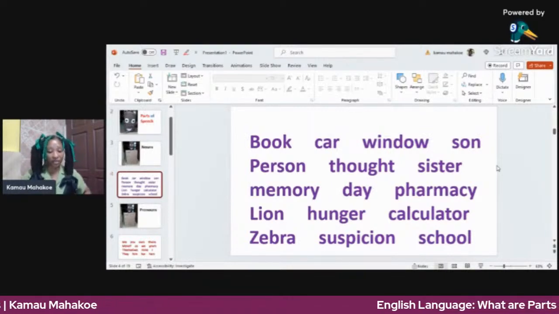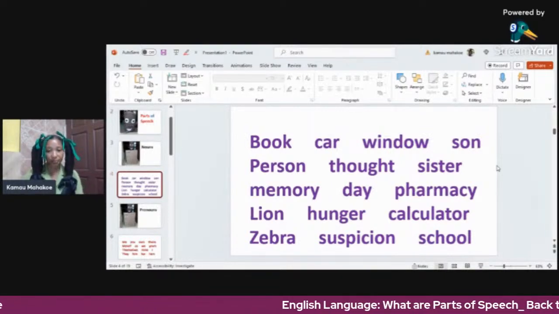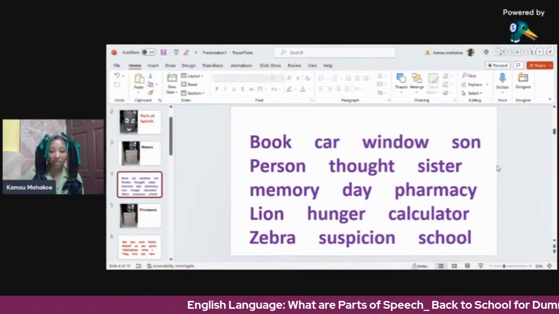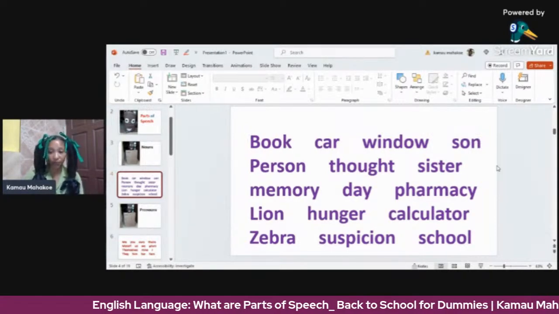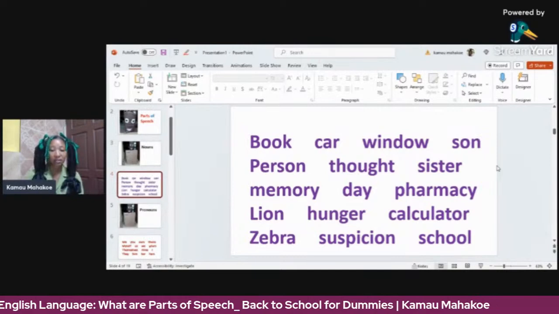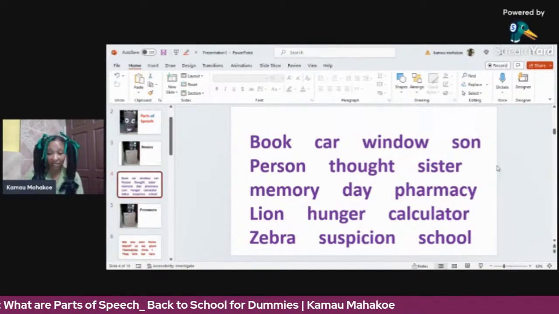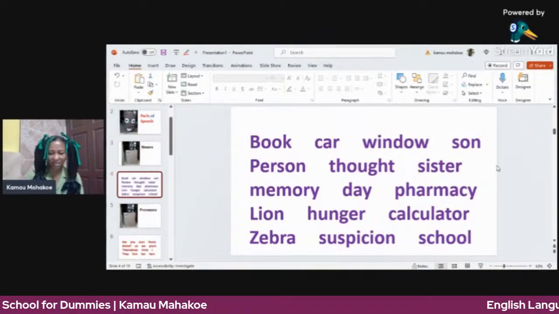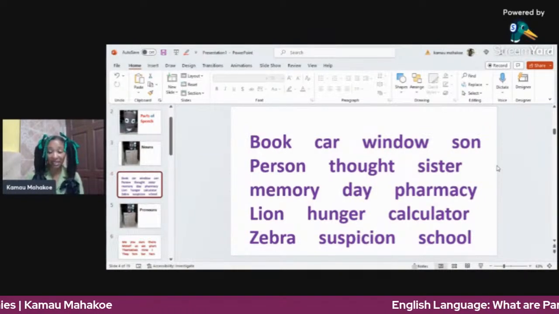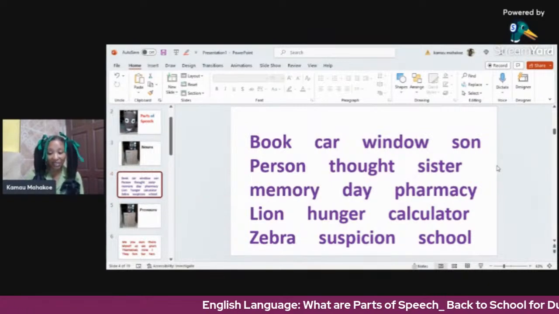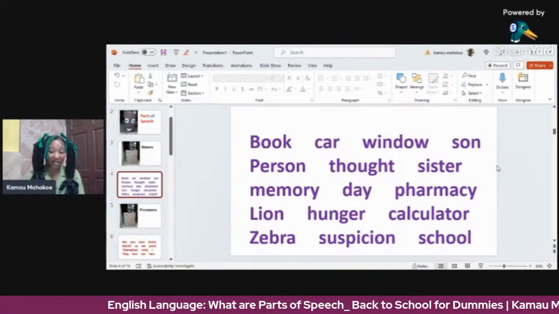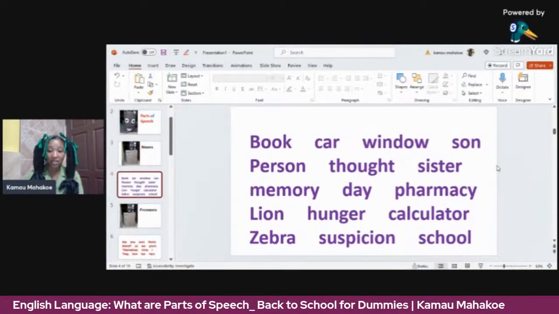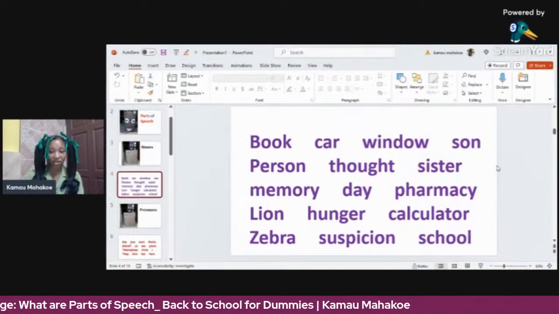So on the screen, we have some nouns. So we have book, car, window, sun, person, thought. So somebody might say, well, how come thought is a noun? Well, thought is a thing. It's an abstract noun. You can't see it, you can't touch it, but it is a thing, it's an entity. Same for memory, as you see on the board.